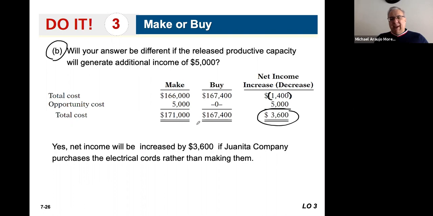But when you add the additional $5,000 that they would make if they decided to buy it, that increases their total profitability by $3,600. And so their net income would actually go up if they bought the cords, knowing that there's an opportunity cost benefit for them as well. And those are the topics for today.